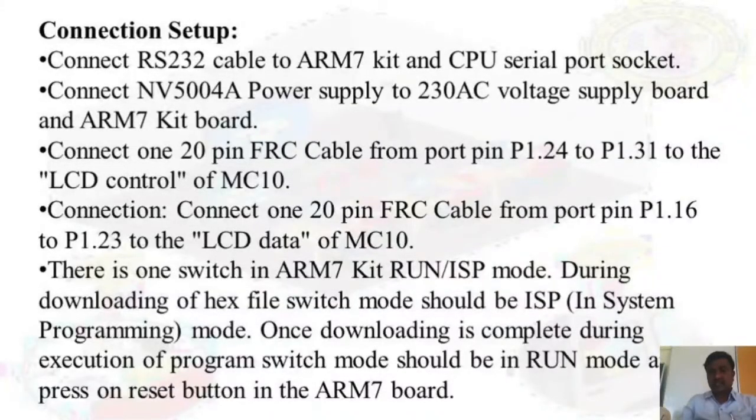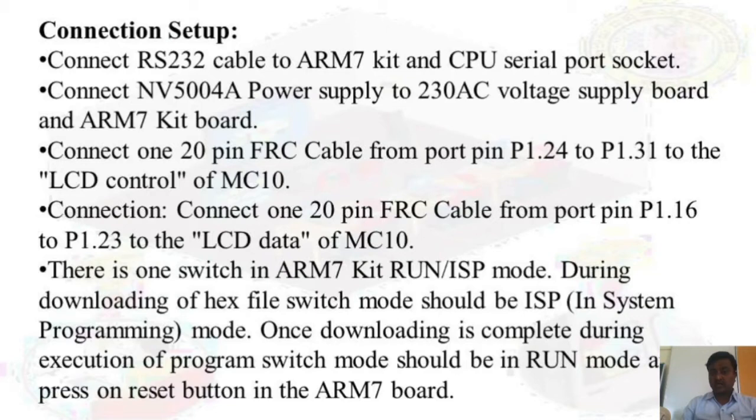So for the connection setup, as I explained in the figure, a few points are written about it. Initially connect the RS232 cable to the ARM7 kit and the CPU serial port socket. Connect the NV5004A power supply to the 230 AC voltage supply board and the ARM7 kit board.